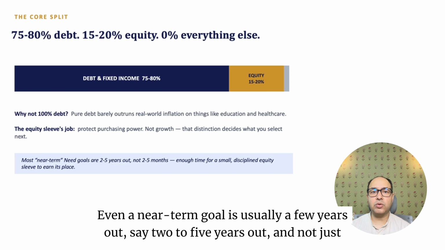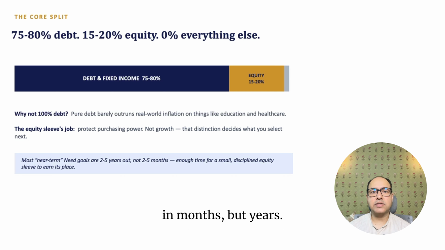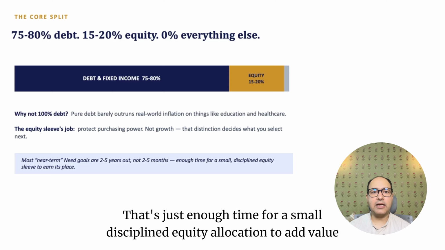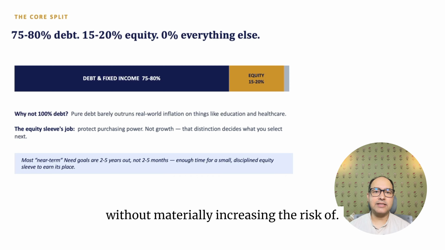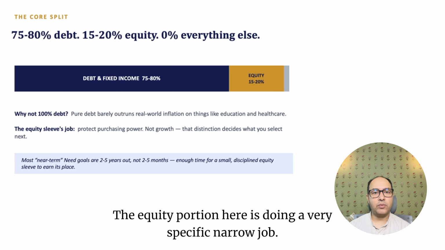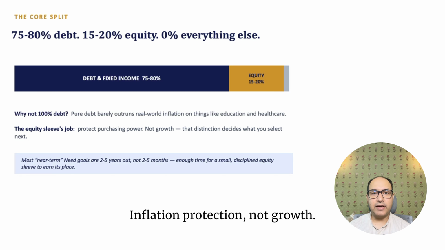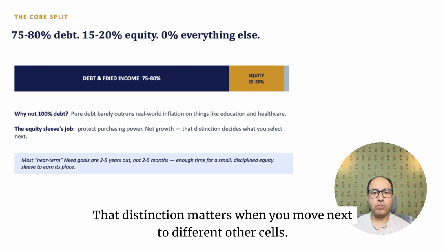Even a near-term goal is usually a few years out, say 2 to 5 years, not just months, but years. That's just enough time for a small, disciplined equity allocation to add value without materially increasing the risk of shortfall. The equity portion here is doing a very specific, narrow job: inflation protection, not growth. That distinction matters when you move next to other cells.